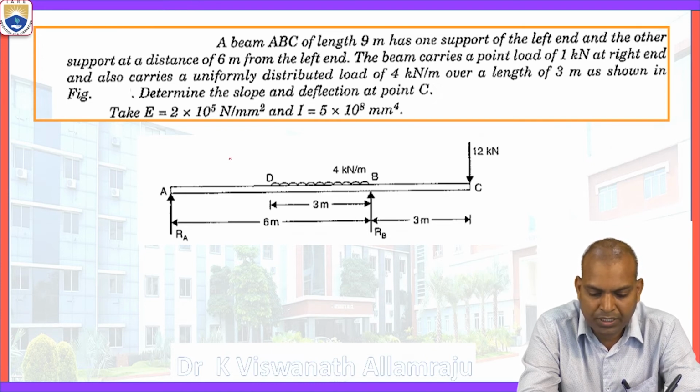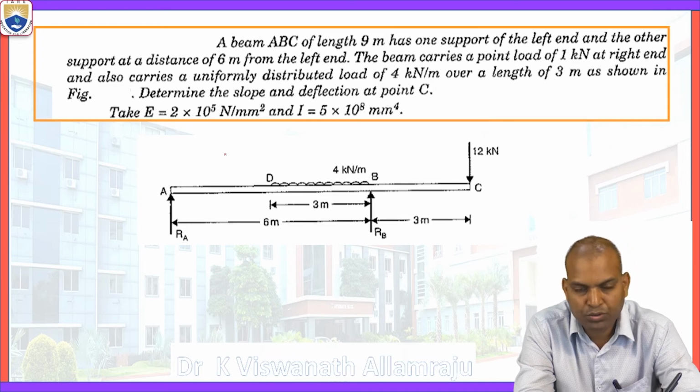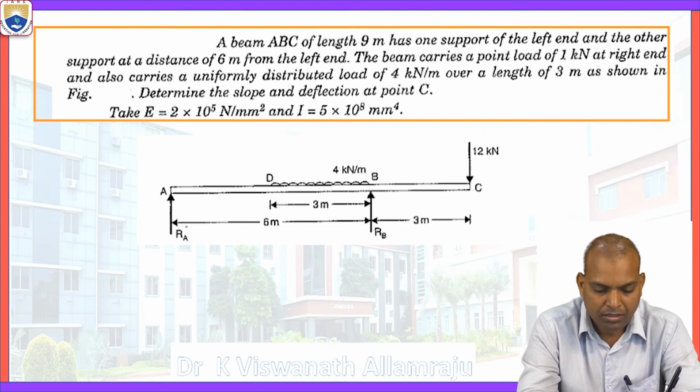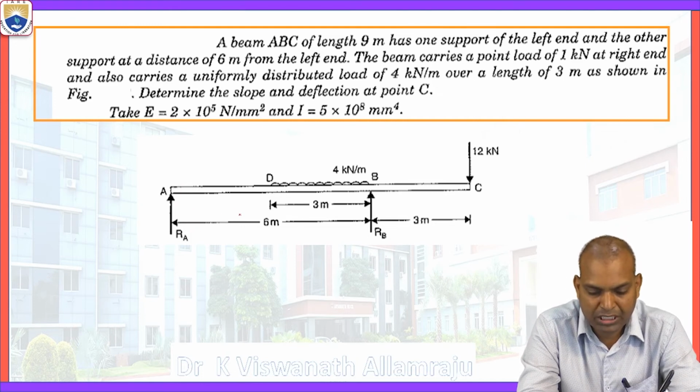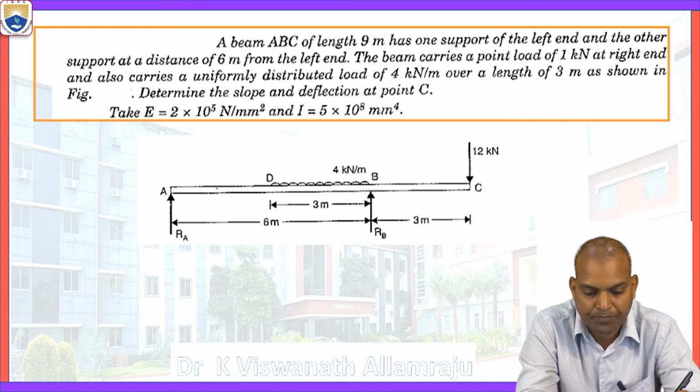The uniformly distributed load here acts in the portion between D and B, between the 2 supports A and B. The length of the beam is 6 meters, and 10 kilonewtons is acting from the right support at a distance of 3 meters at point C.